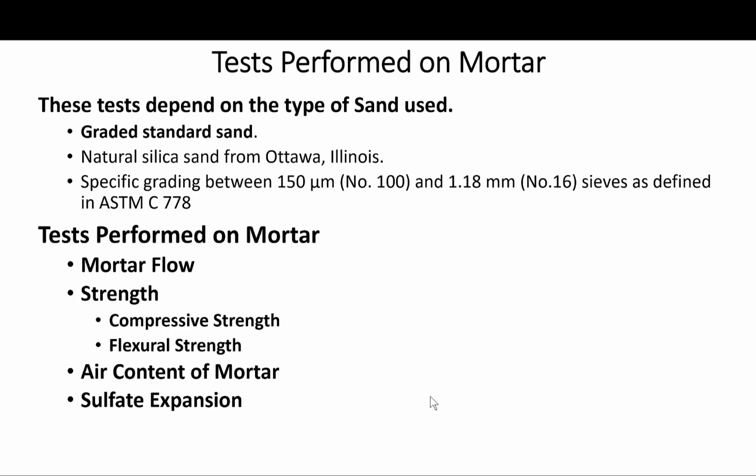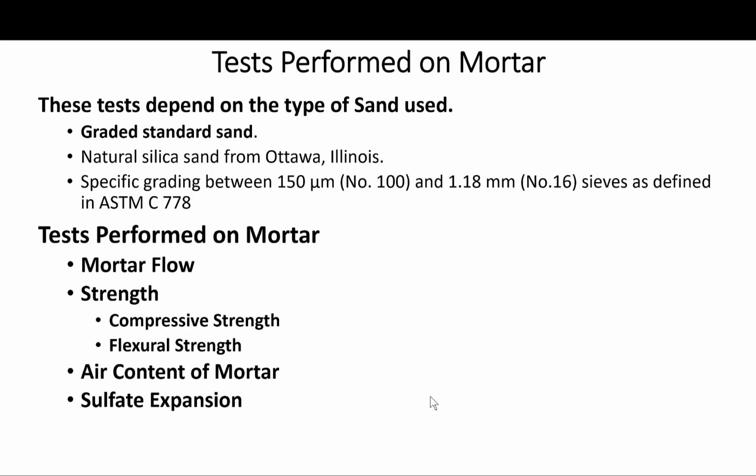the mortar tests. Again, as I mentioned, while some of the specifications for cement require tests done on neat paste, others require that tests be carried out on mortar, since such tests will clearly depend on the type of sand used.